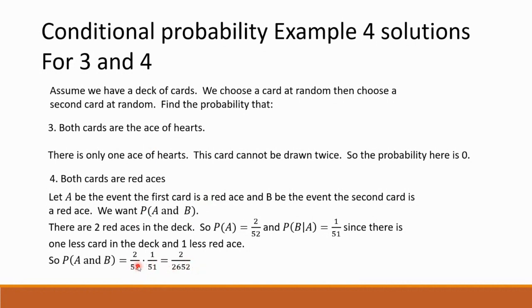You could think of the first category as the collection of all the cards. In the second category, there's 1 card left, so there's 51. And in total, the number of possibilities is 52 times 51. That's how many outcomes there are.